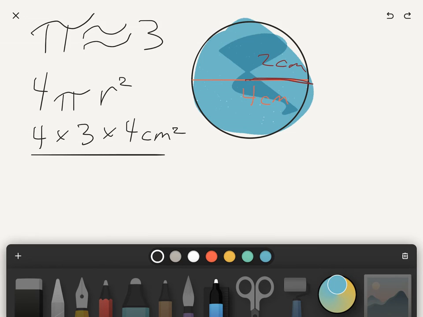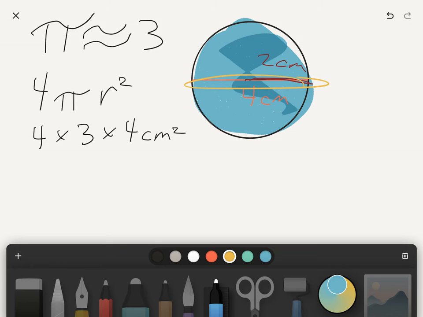Now, here's the thing though, a way to think of this, to kind of try to remember it, is what you're doing is you are getting the surface area of, imagine there is a flat 2-dimensional circle at the center of the sphere, right? That has an area.